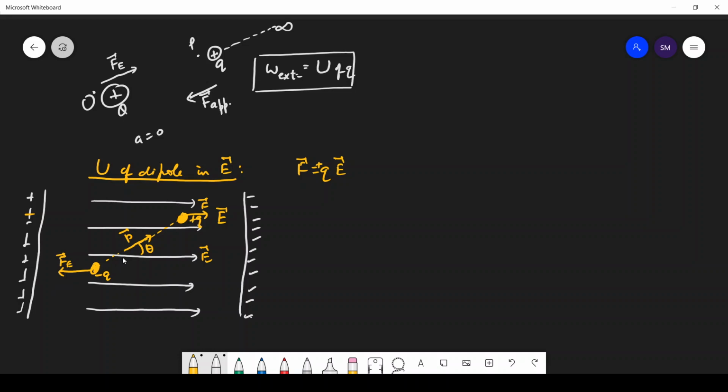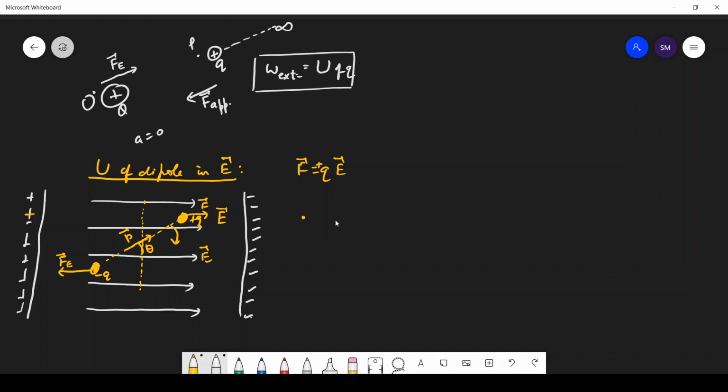So equal and opposite forces and along different lines of action. So they will form a couple and there will be rotation. And this way it will rotate, this whole dipole will rotate, and this is the axis.